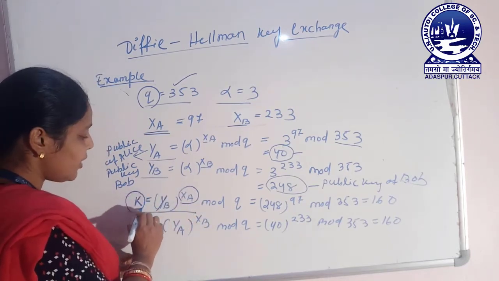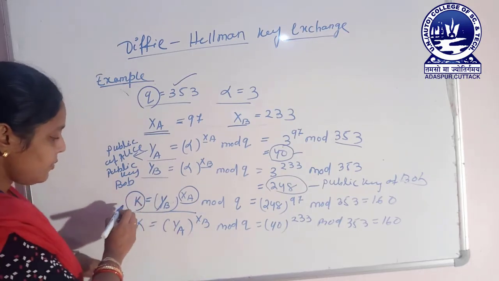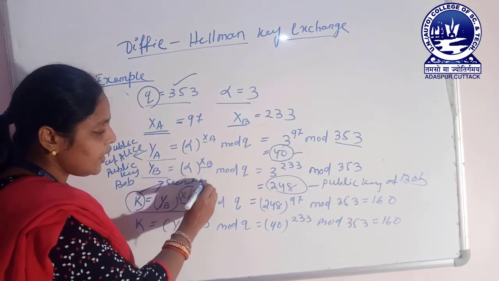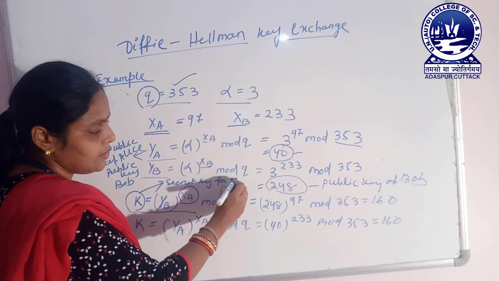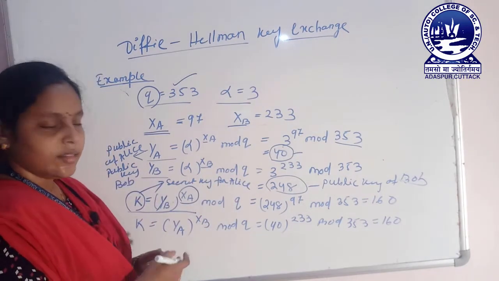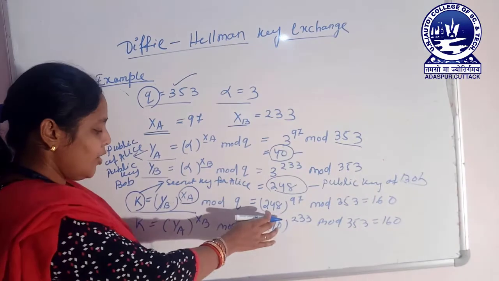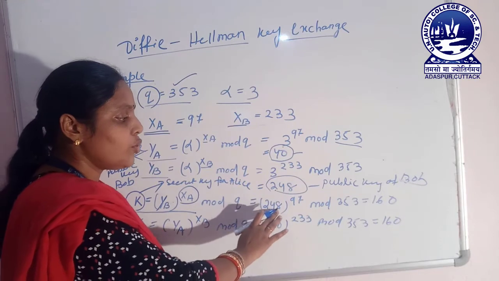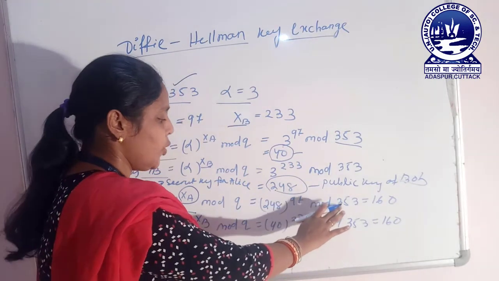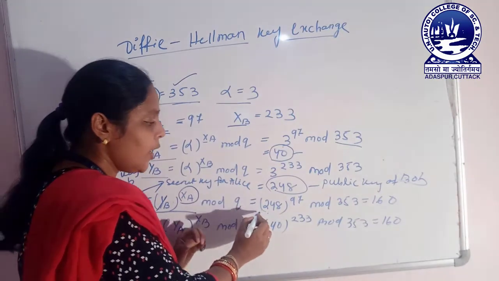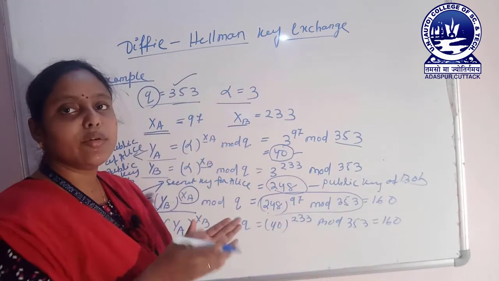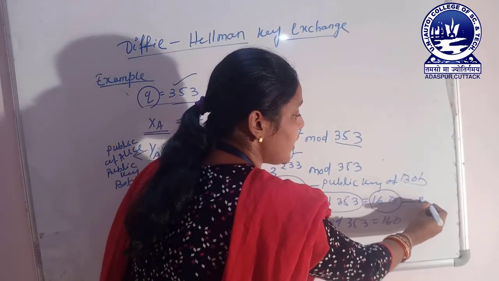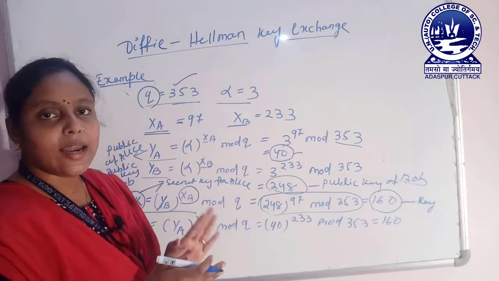This key value is calculated by Alice. That means this K is the secret key calculated by Alice. Then the value of YB is 248, and the value of XA is 97. That means 248 to the power 97 mod Q, where Q value is 353. When you calculate this value, you get the result 160. Here this 160 is the secret key of Alice.